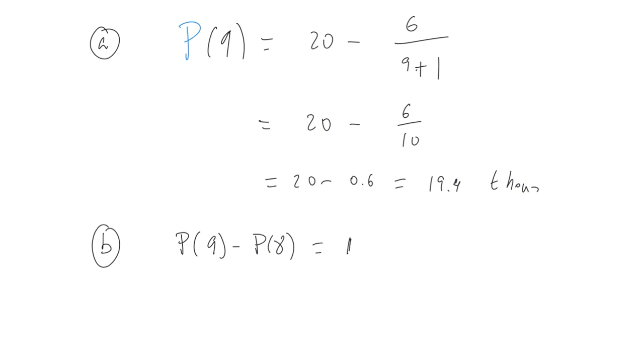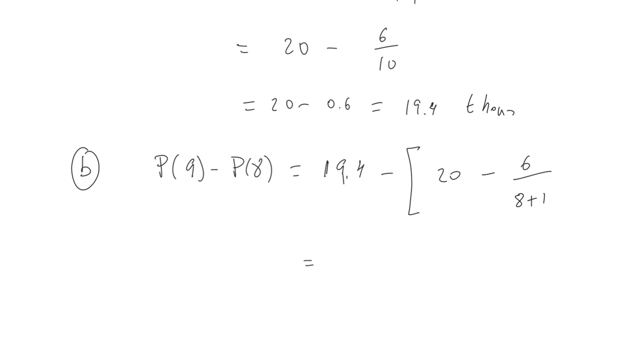You know P of 9 is 19.4, minus P of 8, but P of 8 is again 20 minus 6 divided by 8 plus 1, and 8 plus 1 is 9, so it will be 19.4 minus, open parentheses, 20 minus 6 over 9. 6 over 9: if I divide the numerator by 3 and the denominator by 3, 6 divided by 3 is 2, 9 divided by 3 is 3, so this is 2/3.